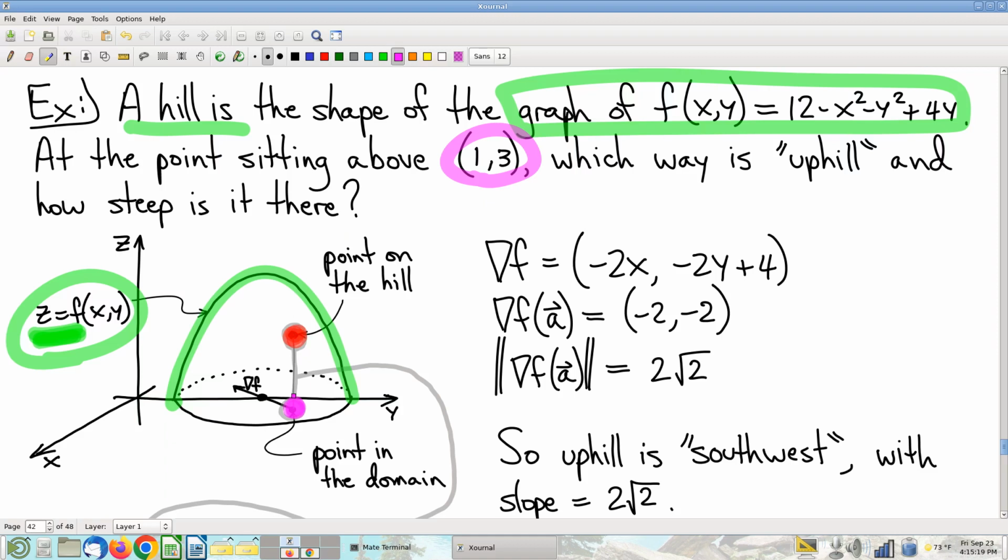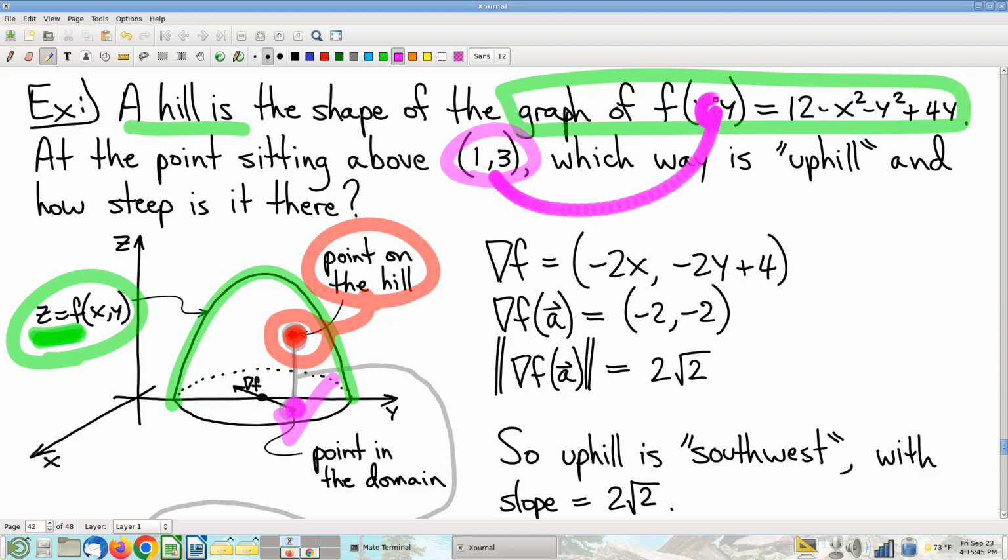Not yet. So, here's the thing, this is kind of an awkwardness. It's kind of inconvenient to talk about the actual point on the graph. Recall, graphs are weird. Graphs have x and y input coordinates, but then they also have z output coordinates. It's a very strange thing. These numbers 1, 3, by comparison, those are the input values.